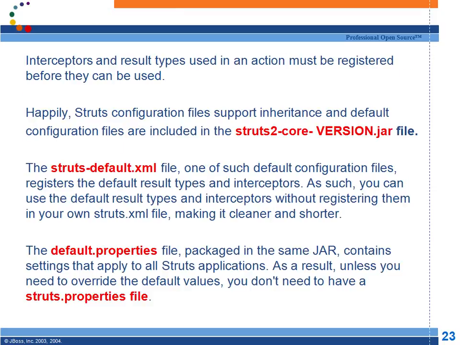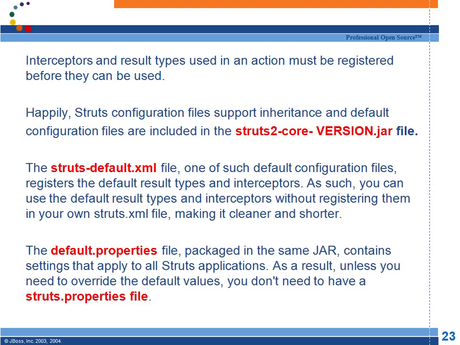Interceptors and result types used in an action must be registered before they can be used. Where are they registered? Happily, Struts configuration files support inheritance, and the default configuration files are included in struts2-core, the jar which we extracted. The struts-default.xml file, one of such default configuration files, registers the default result types.